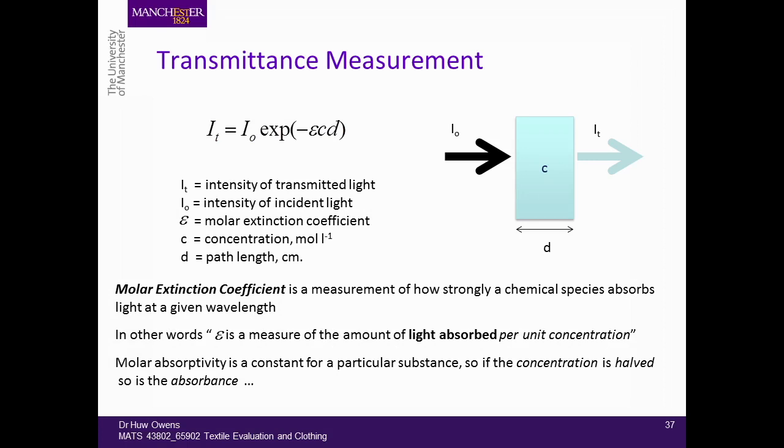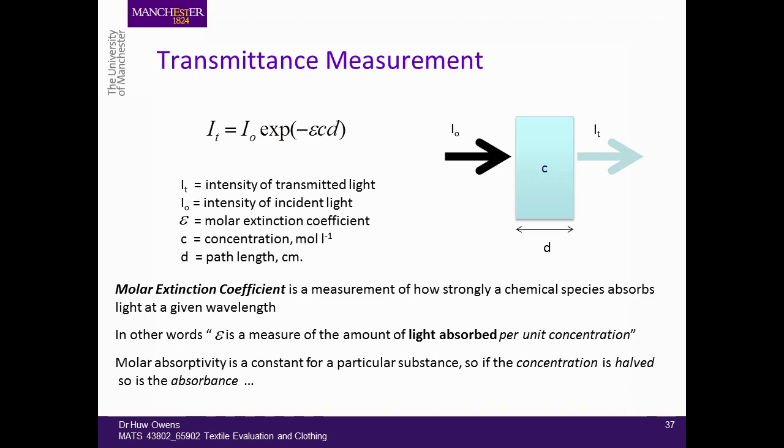Right, this is a little bit, well, it's not difficult, but this is important in understanding how things like Beer's law work and also how Kubelka-Munk works. So the molar extinction coefficient shows the strength that the dye is absorbing the light. Okay? In effect, what it's telling us is how strongly the dye is going to contribute to the colour.